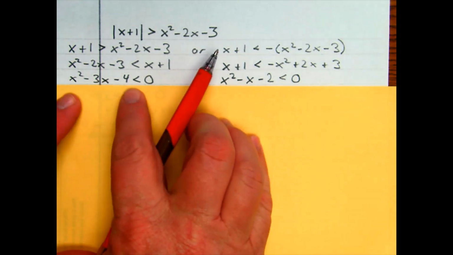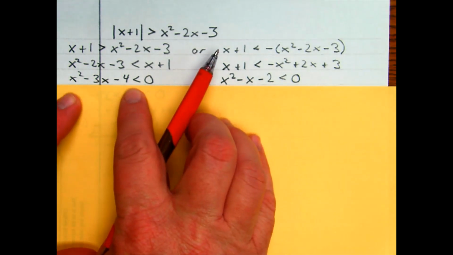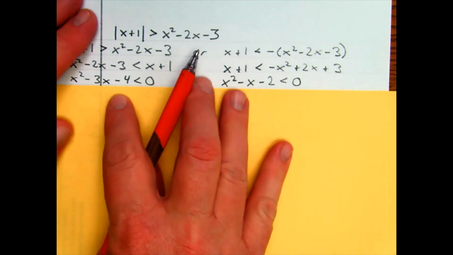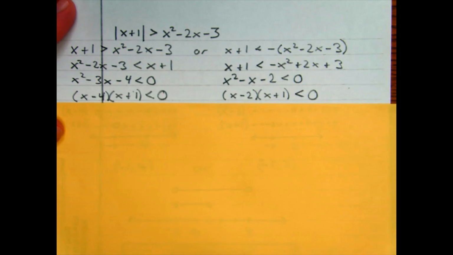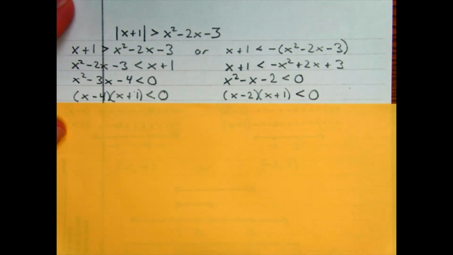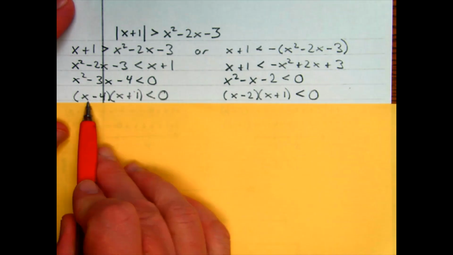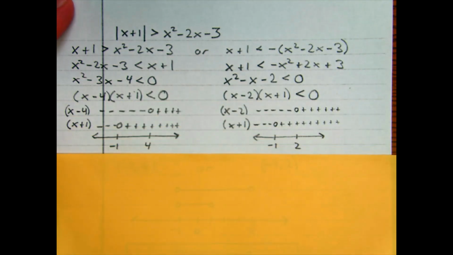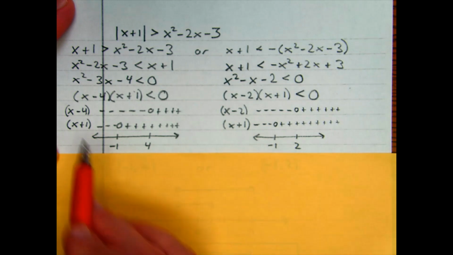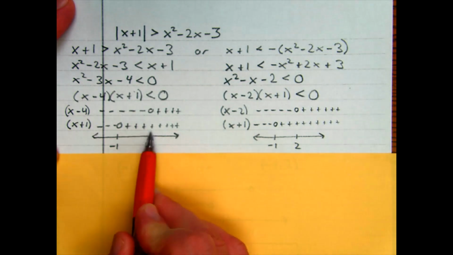That gets us to here. Next is that needs to get factored. That gets us to here. And now we hit the intermediate goal, which is to have a completely factored expression on this side with 0 on the other. Did a little test interval here. X minus 4, 0 at 4.